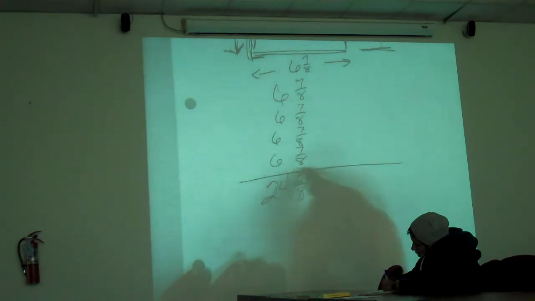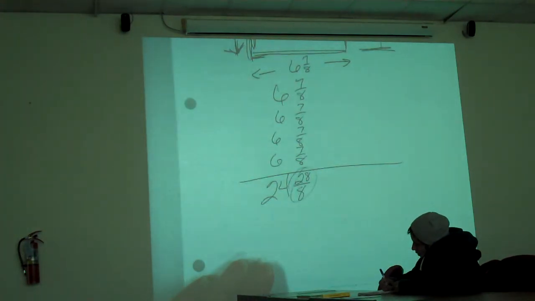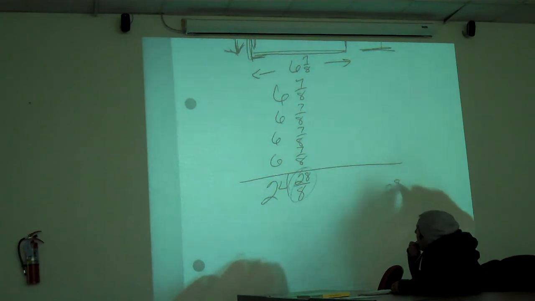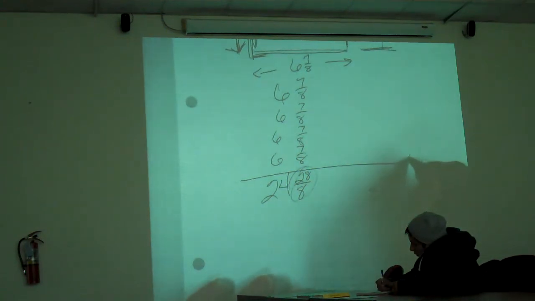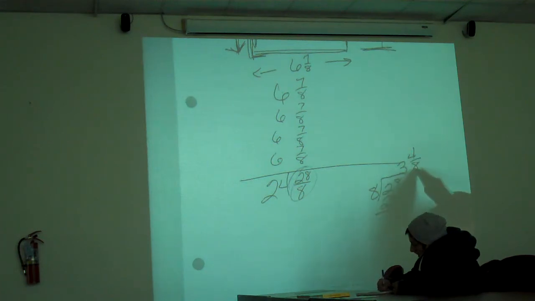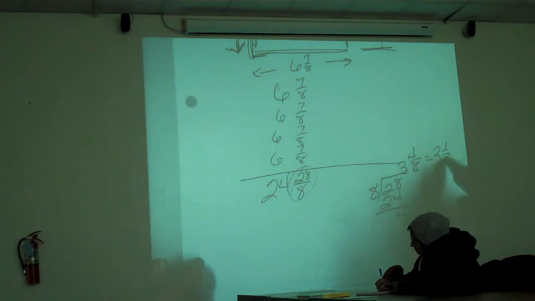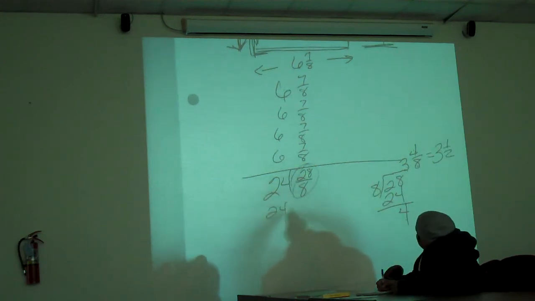You will need to change that. 28 divided by 8 is 3. 8 times 3 is 24. Subtracted is 4. So you got 3 and 4/8, which is the same as 3 and 1/2, since 4/8 is 1/2. So you got 24 plus 3 1/2.